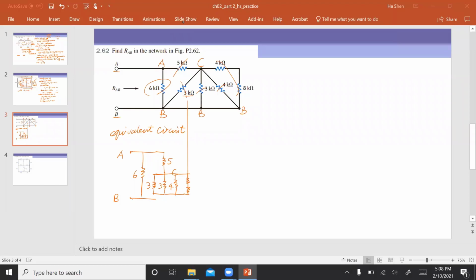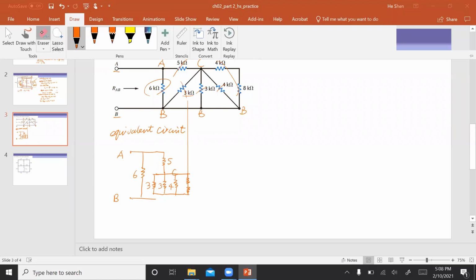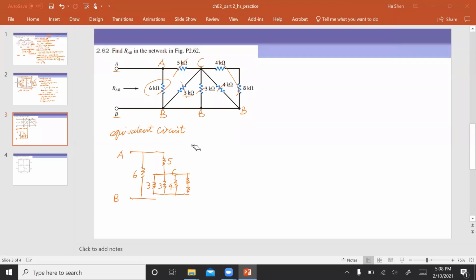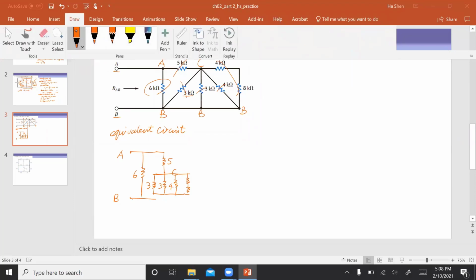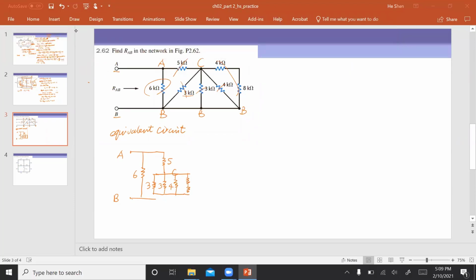Oops. Not sure what happened. Why occasionally it gives me a long stroke. So this is 4 and this is 8. Well, can we do that one as 12 as well, right? Yeah, okay, yeah, you can do that.